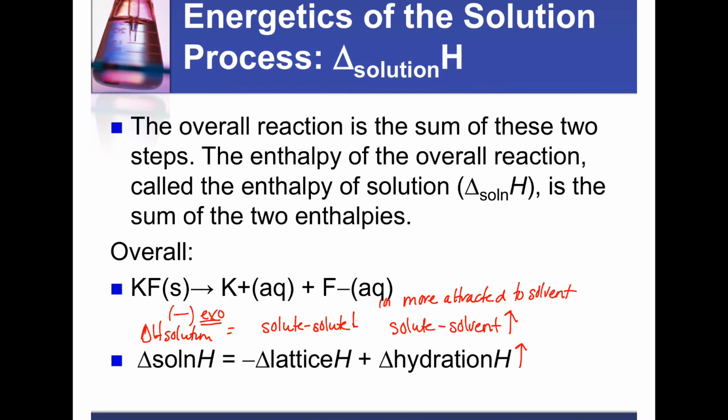So the ions are more attracted to the solvent than the ions are attracted to each other. Sorry, that's so mashed in there. So when we mix two things together and it gets hot, it tells us that the ions are more attracted to water than the ions were attracted to each other.